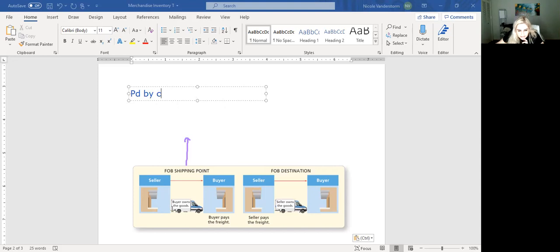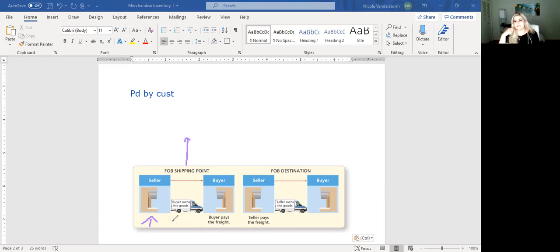It says here, the minute it leaves the seller's premises, it becomes the customer's responsibility. So what this means is that the seller is no longer responsible, but the buyer is responsible.